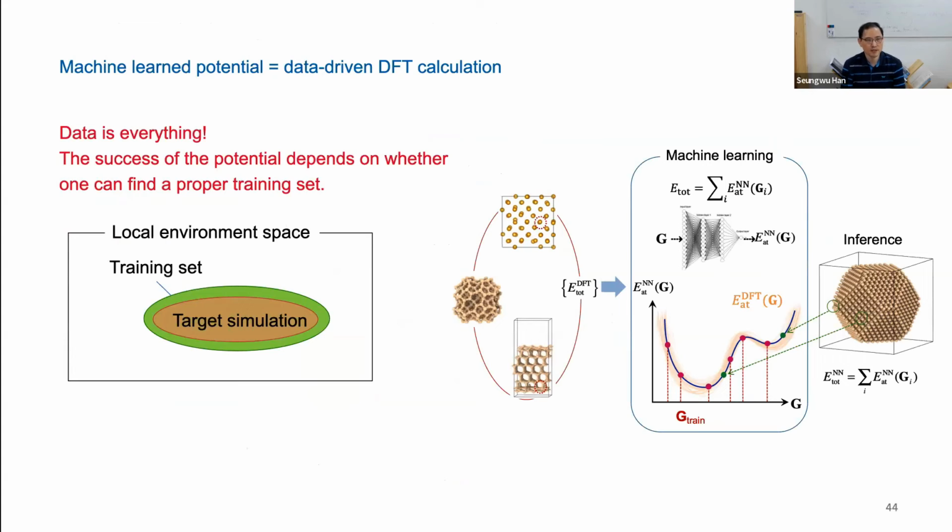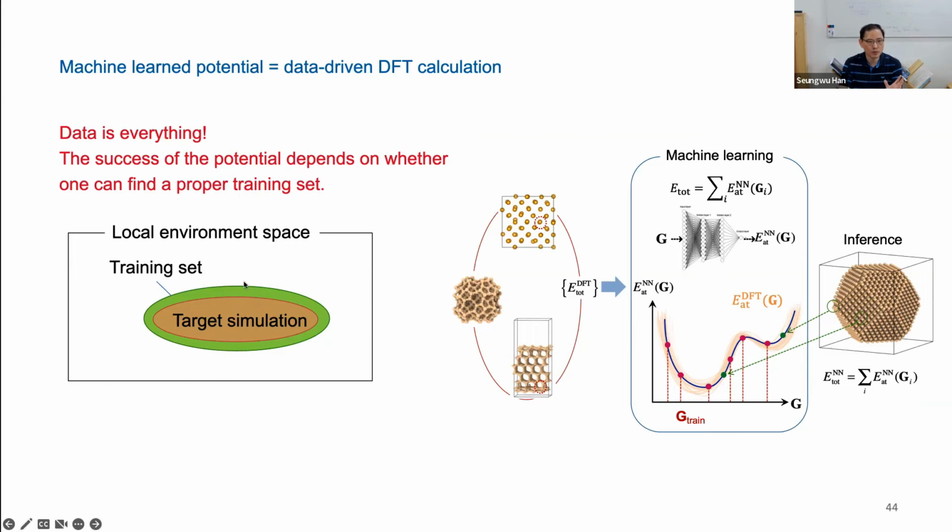Not everything is perfect, but here the caveat is that this machine learning potential is actually data-driven DFT calculation. Therefore, data is everything. The success of the potential, or the accuracy of the potential, depends on whether we can find a training set, right?